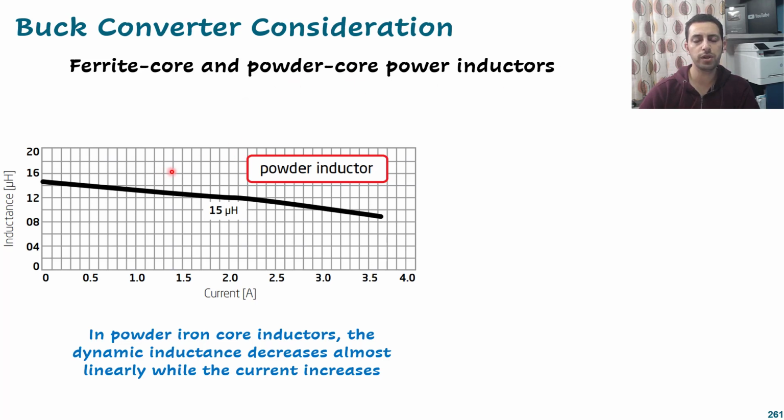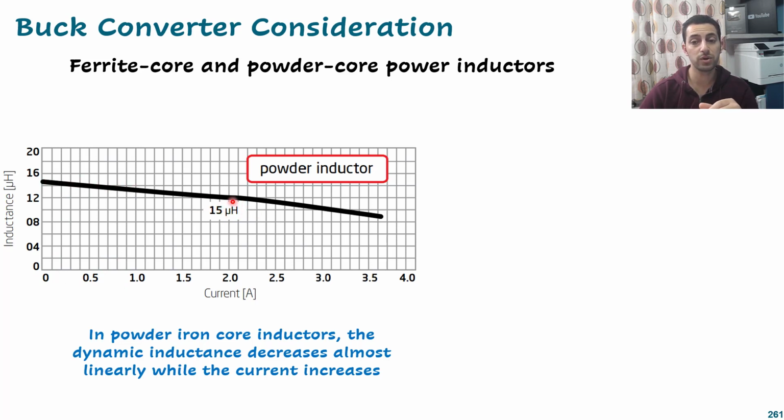So when we look at the power inductors and we select, for example, a 15 microhenry power inductor, we can see that the value is not constant when I run it in a circuit delivering output current. If the output current is very small, within 1 ampere, we still have the 15 microhenry here.